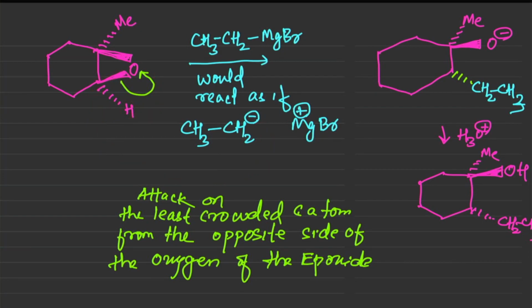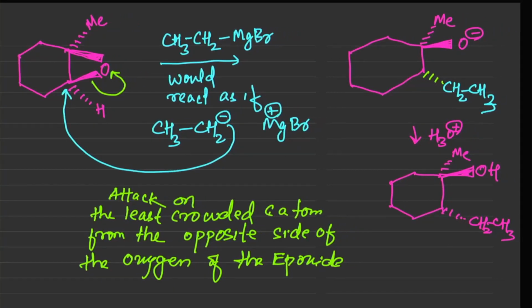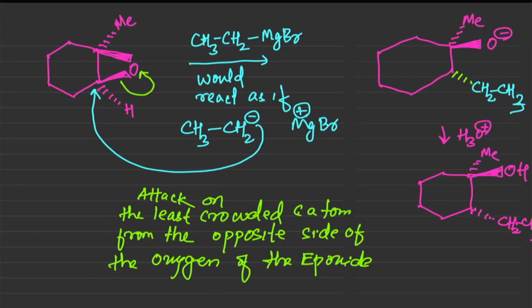So this is attacking here, and as a result, the hydrogen here will get pushed up because it's going to move up a little bit as the new incoming group comes into play. So you don't need to show the hydrogen, but just know that there is a hydrogen right there.